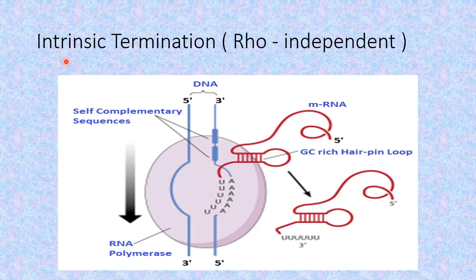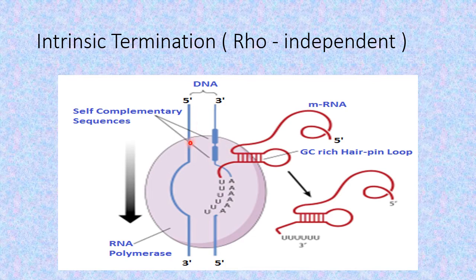The intrinsic termination, that is something very natural. It is the RNA based termination of transcription. It does not involve a protein factor, that is the Rho factor. Hence, it is also known as the Rho independent pathway of termination.